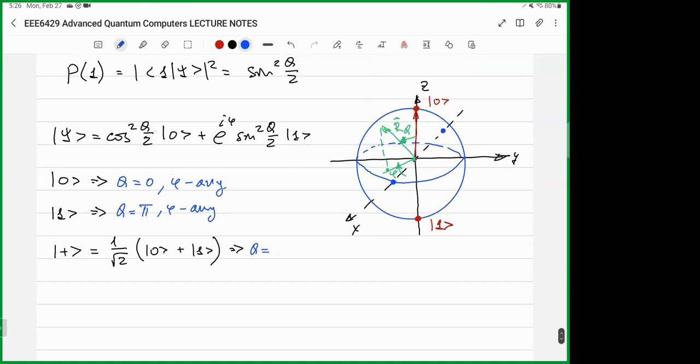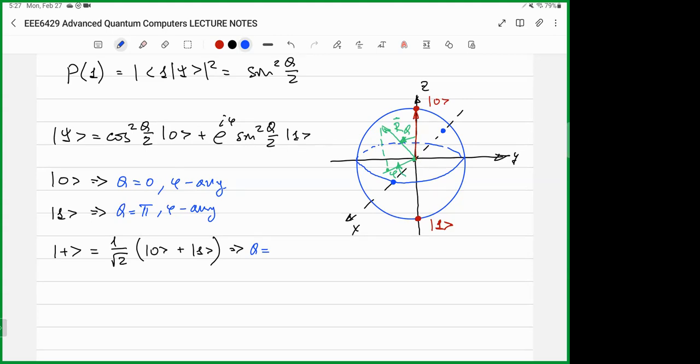Because sine pi over 4 and cosine pi over 4 are equal to 1 over square root of 2. And so I get this normalization factor 1 over square root of 2.